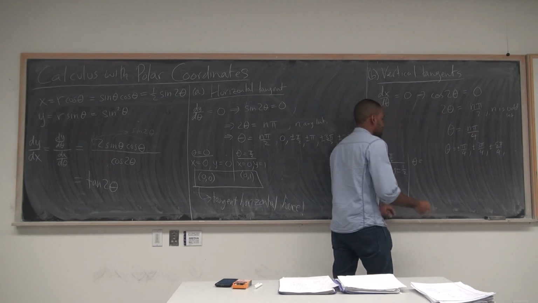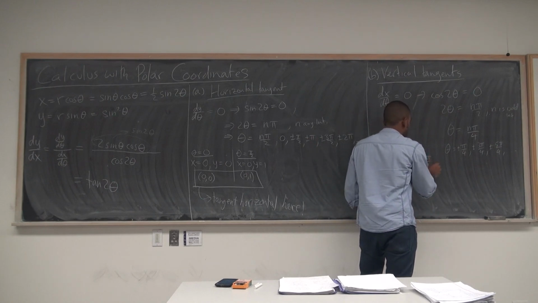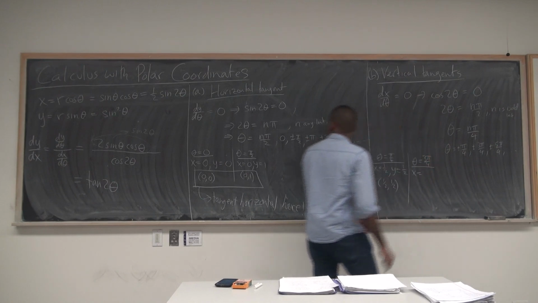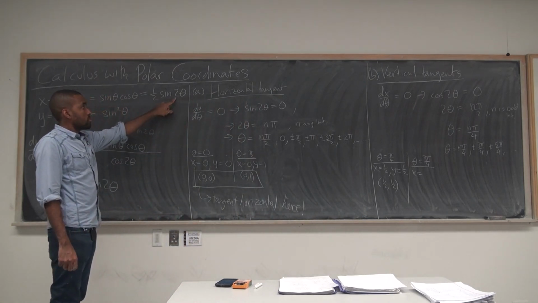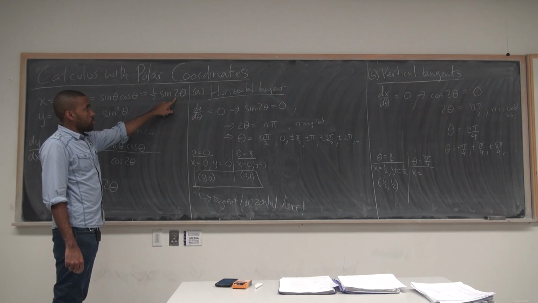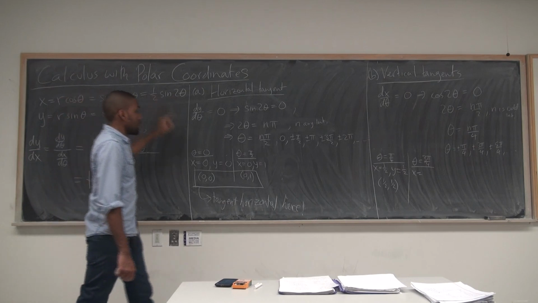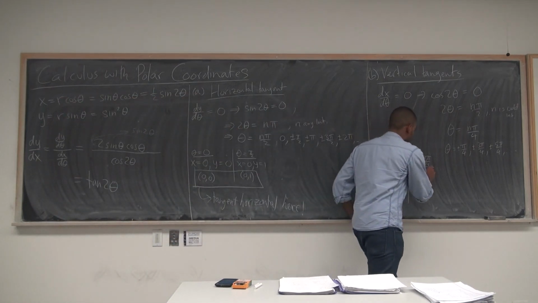okay, so I move to the next one. What about 3 pi over 4? What is my x value at 3 pi over 4? Plug in 3 pi over 4 here, I get 3 pi over 2. Sine of 3 pi over 2 is -1 times 1/2. That's minus 1/2.